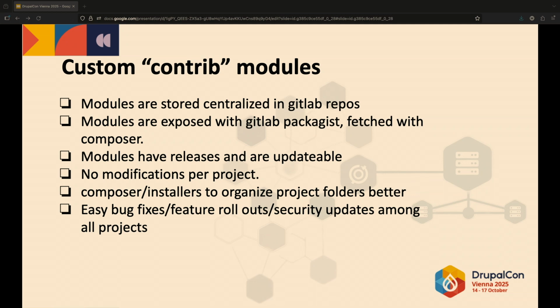If you need some specific functionality on a website, it needs to be only in some project related custom module. We're also using composer installers to organize modules, themes, and other components in a clean folder structure, handling everything predictably across all projects. So this approach makes bug fixes, new feature rollouts, and security updates more efficient.